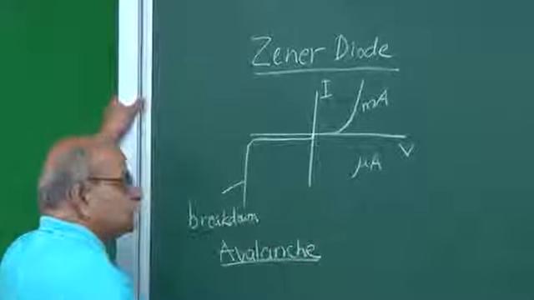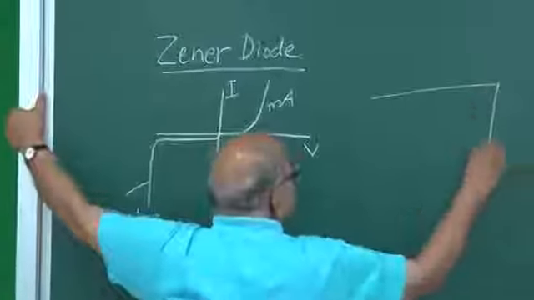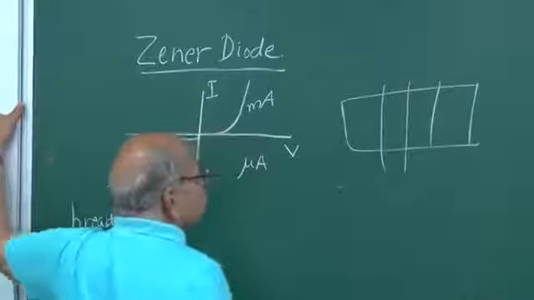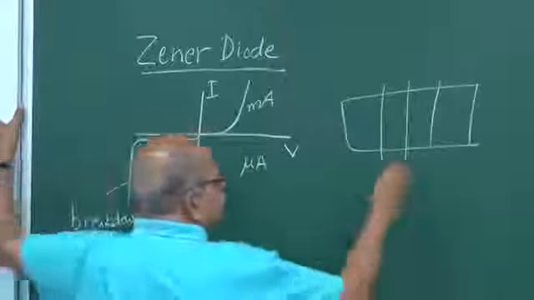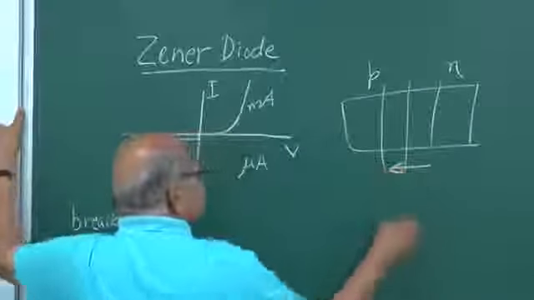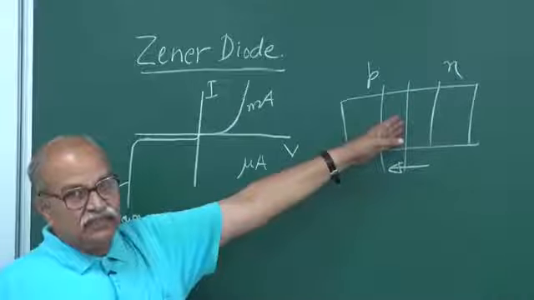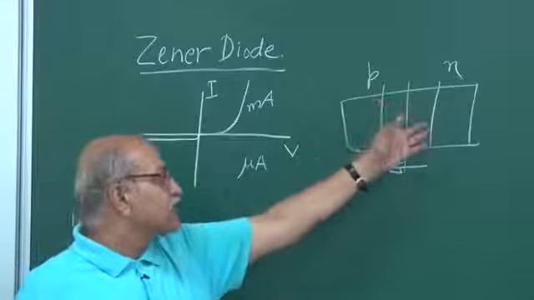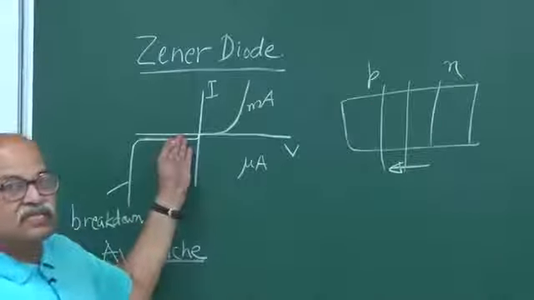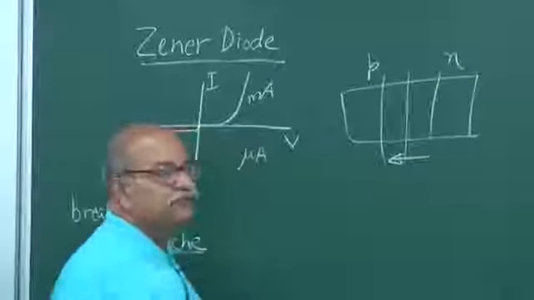Avalanche breakdown. So the reason is that if you have a PN junction and a depletion region is there, the electric field is there, this is the P side, this is the N side, the electric field is this way. So any hole-electron pair which is here, or the minority carriers which are giving rise to this reverse current, they are accelerated by this field.